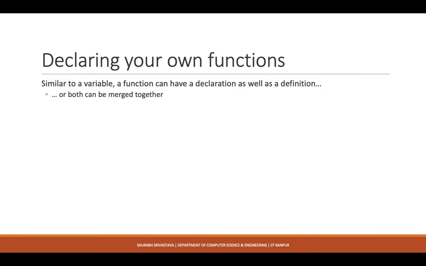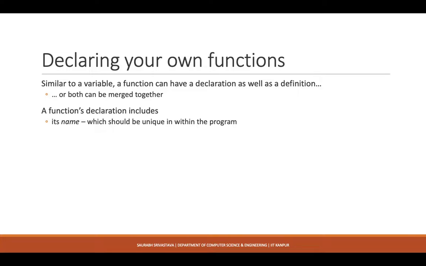Merged as in, when you define the function under certain conditions, you can skip the declaration. It's similar to how you can do things like int i = 5. In that case, you're not really doing a separate declaration and definition. Basically, you've merged both. The same thing can be done with functions as well.